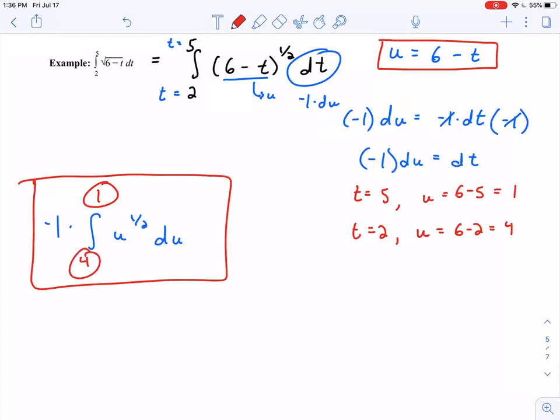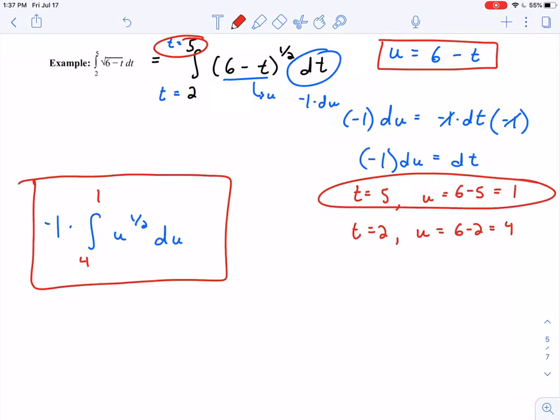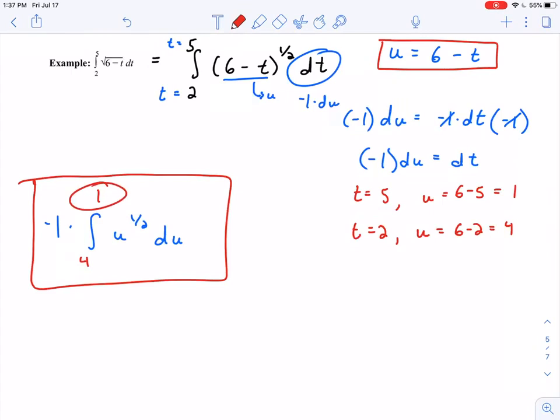This does not have to be the case. If we're talking about area under a curve, yes, that's what we want. But especially if we're doing substitution and we translate these limits of integration, don't overthink them. 5 was our upper limit, and we found 1 by plugging 5 in for t, so 1 is our new upper limit of integration.